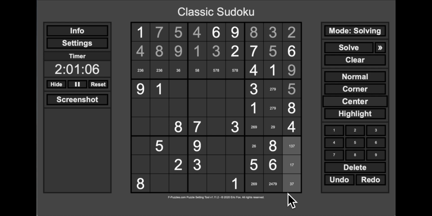Now, in row 6, 3, 4, 7, 8 are placed. I need 1, 2, 5, 6, and 9. Fill the remaining. These are at 1.